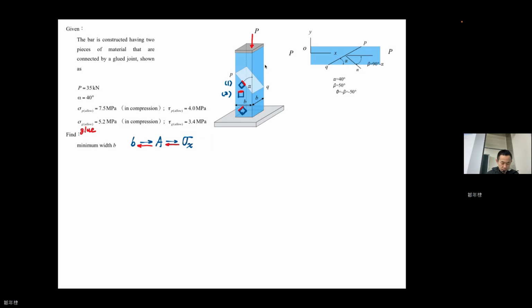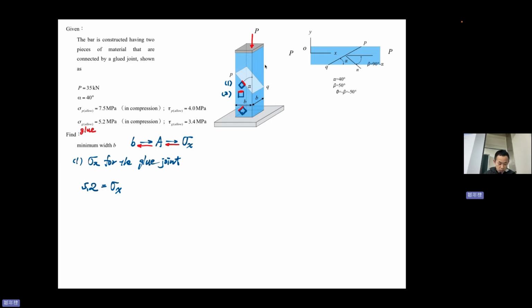Problem 1: sigma X for the glue joint. The value 5.2 is the allowable sigma glue, equal to sigma X. So this is what we are going to determine, right?